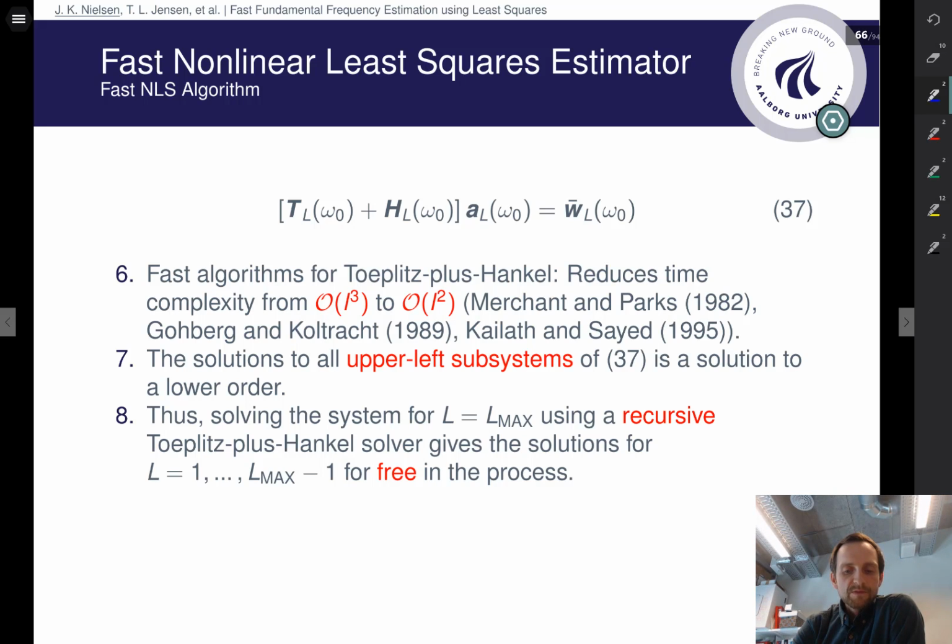the problem for the biggest candidate model order, so L max here, using a recursive triplet plus Hankel algorithm, so it basically works in a similar way to the Levinson-Durbin algorithm, then we will get the solutions to all the problems for lower order for free in the process. So we will not go only from L cubed to L squared.